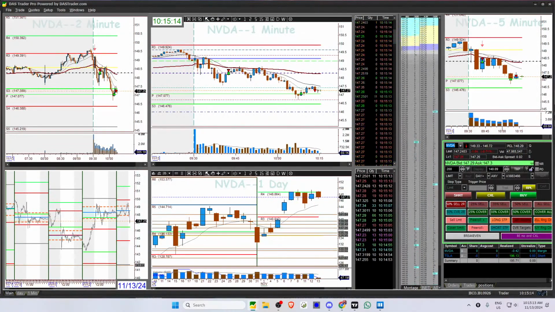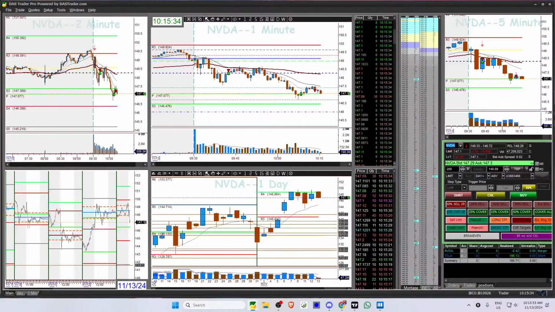That first green candle was a big move on lower volume, but the second one, on the 2 minute, was way bigger, and that made me feel a little better about it. If we make a new high here somewhere, that would be another good sign. We'll see. They can't all be winners, but you gotta try.